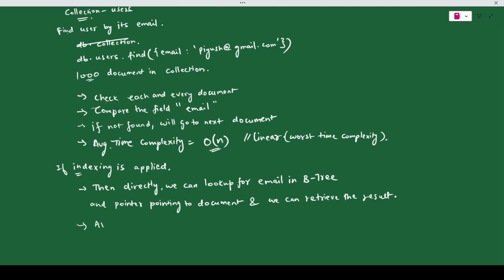So the average time complexity for retrieval will be big O of log n. This is the time complexity for retrieval of data in the B-tree. As you can see, this is logarithmic time complexity and this is linear order of time. So there is a drastic change in the time complexity. That's why indexing matters while querying your data.